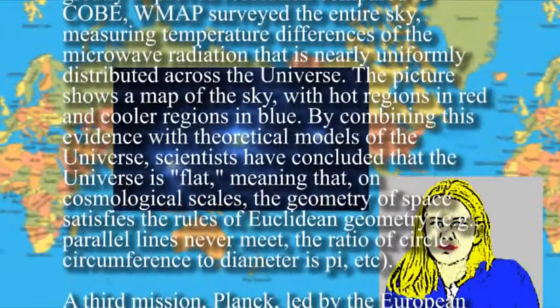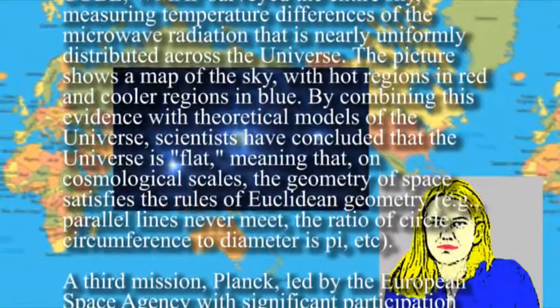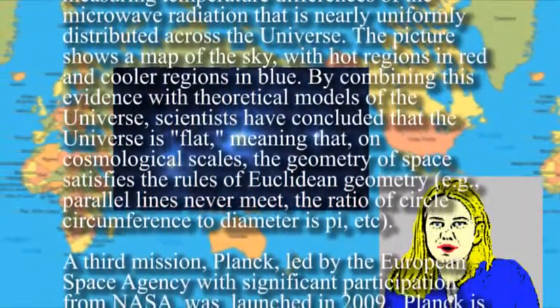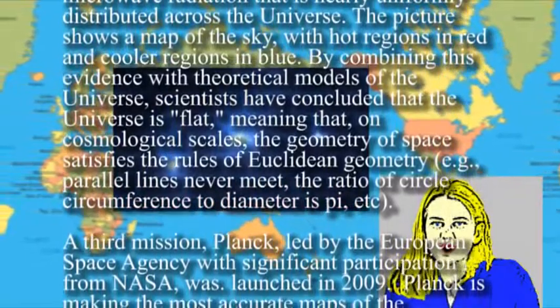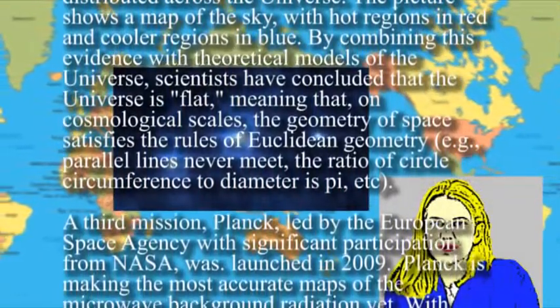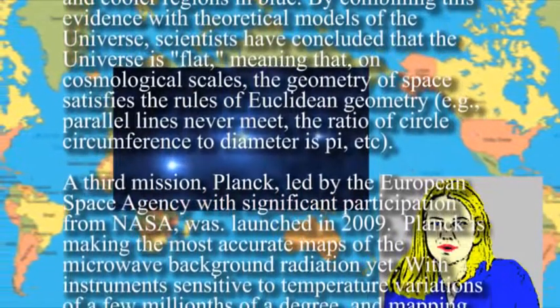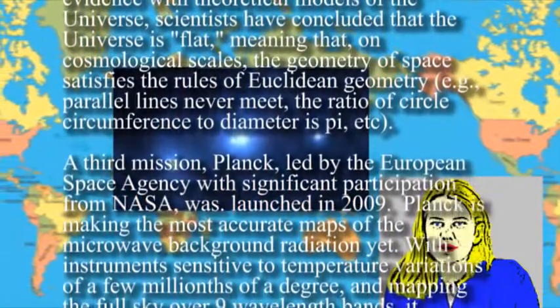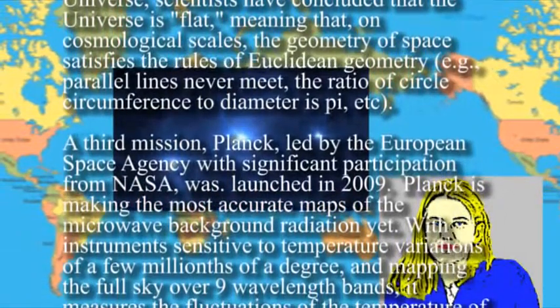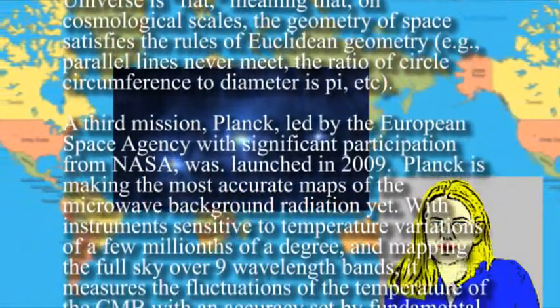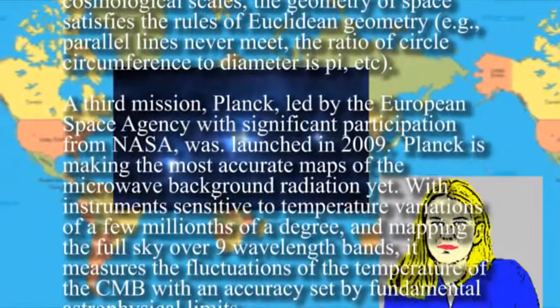By combining this evidence with theoretical models of the universe, scientists have concluded that the universe is flat, meaning that, on cosmological scales, the geometry of space satisfies the rules of Euclidean geometry. For example, parallel lines never meet, the ratio of circle circumference to diameter is pi, etc.